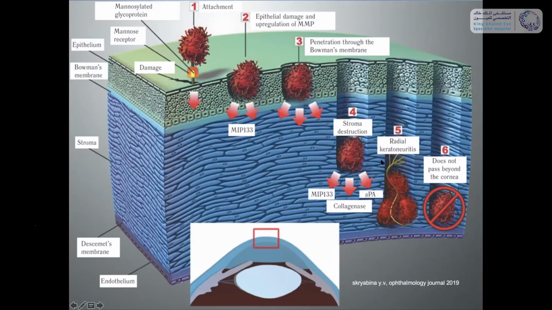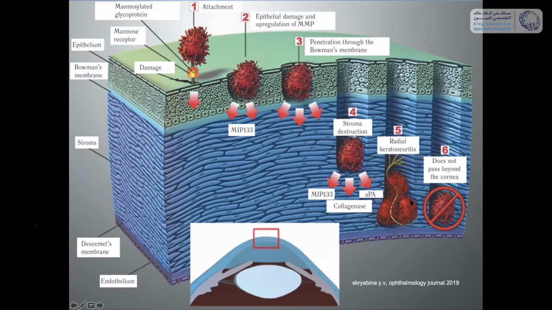Also, the trophozoite likes nerves, so it will move through the perineural space and will migrate through nerves.